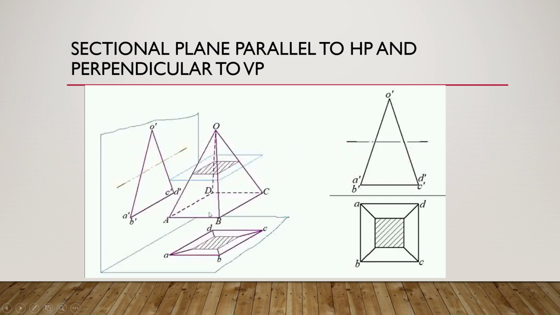In front view, we can see the front view of a pyramid, and in top view we can see the sectional view, that is only the sectional region. So, removing the part of the component between the observer and the sectional plane and drawing only the remaining part, this is called the frustum of a pyramid.